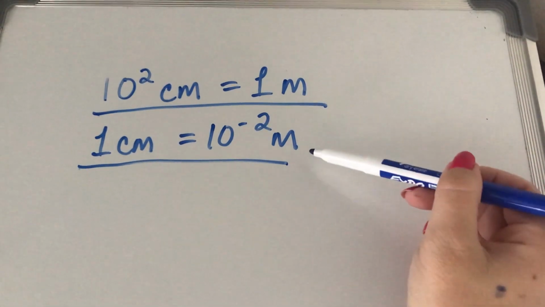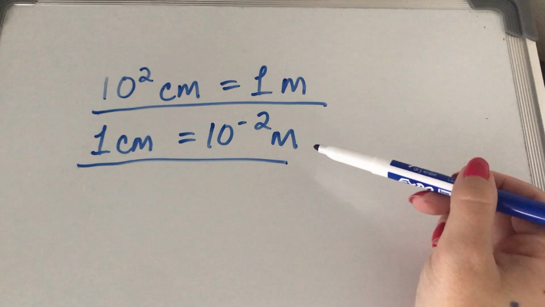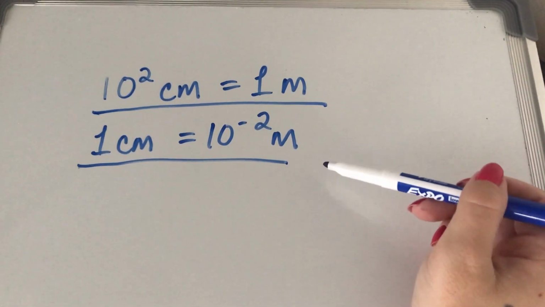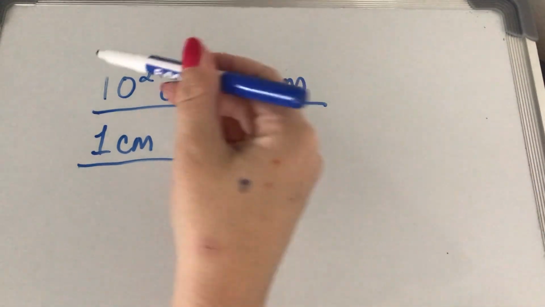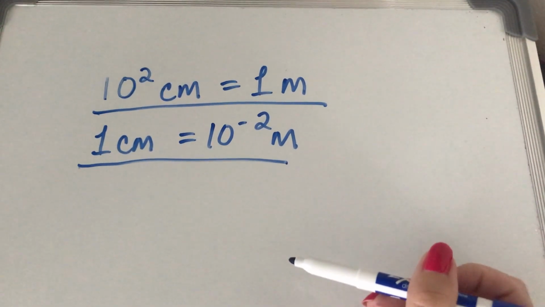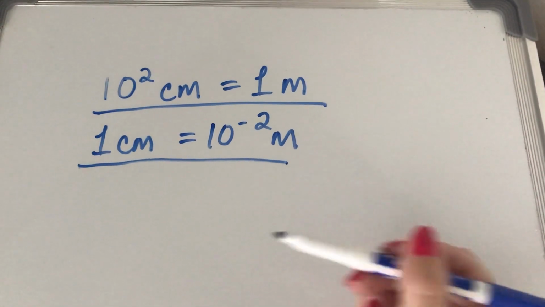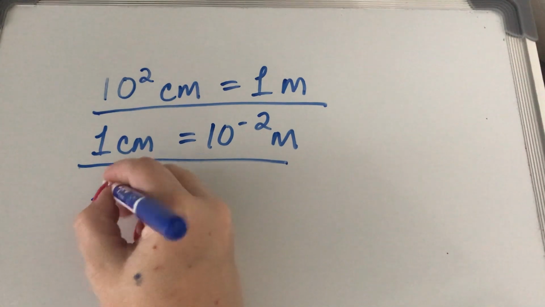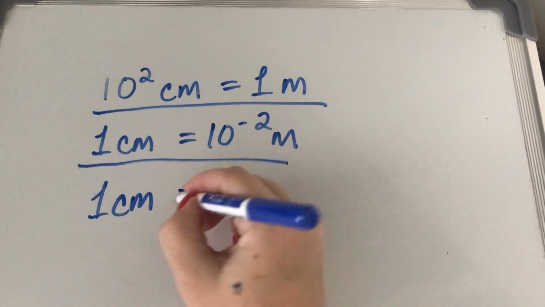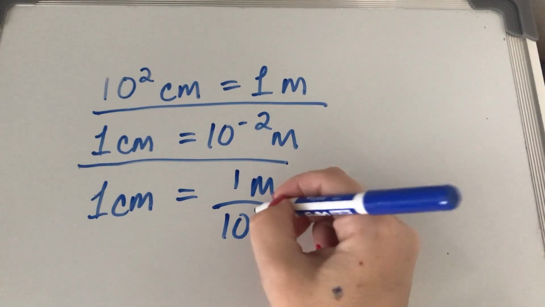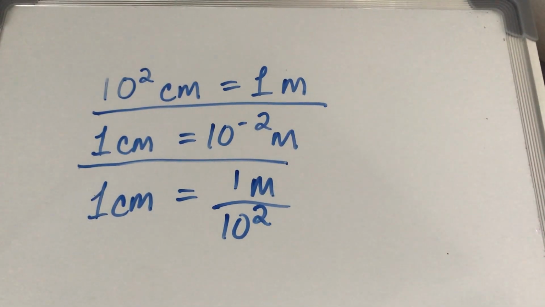But again, you'll see them written both ways, depending on which references you're looking at. Just so everybody's comfortable, these 2 things mean the same thing, right? Another way that you could write this, just so that we're getting our flexibility going here: if I say 1 centimeter is equal to 1 meter over 10 to the 2, all of those are saying equivalent things.